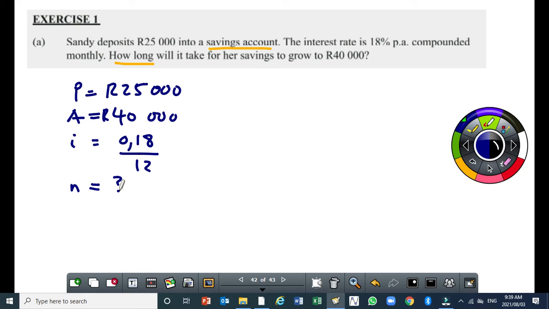It's very important to be aware that for this question, because of this 12, the n that I'm going to calculate is the total number of months that the interest is going to be compounded. It's not the number of years. But our final answer must be the number of years.